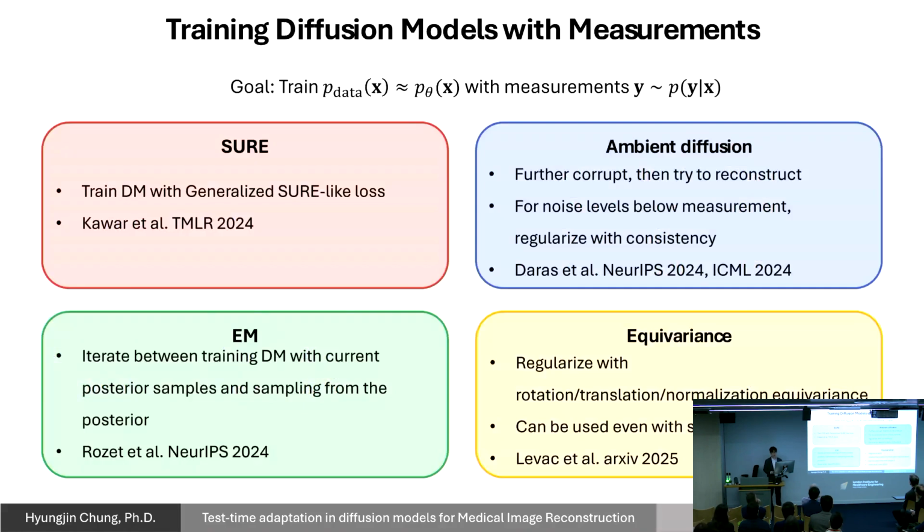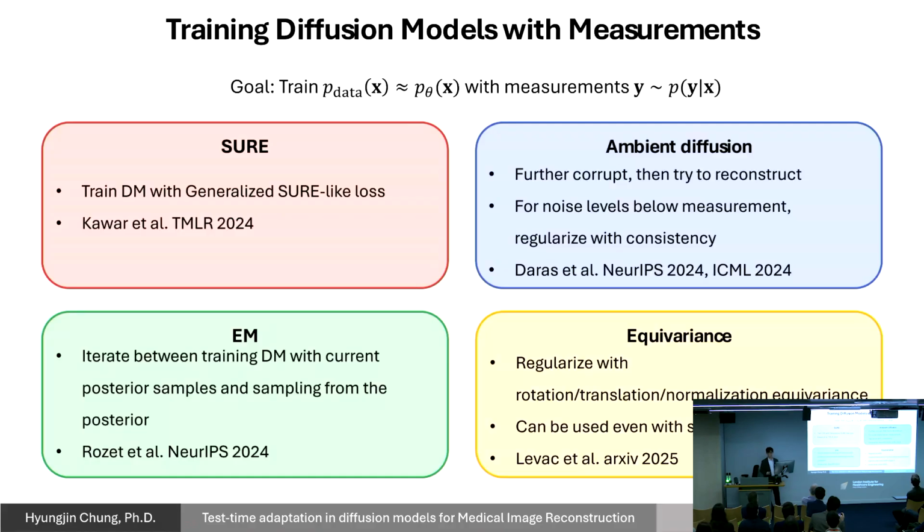Before I end this presentation, I do want to mention several different categories of methods that are very related to this DDIP work. Recently, there are many works that try to train a good diffusion prior from measurements that are sampled from this likelihood function.